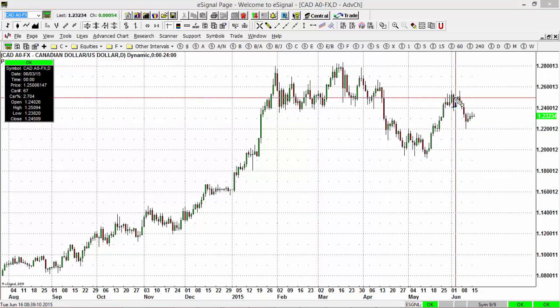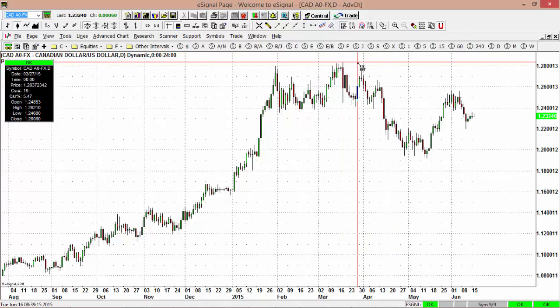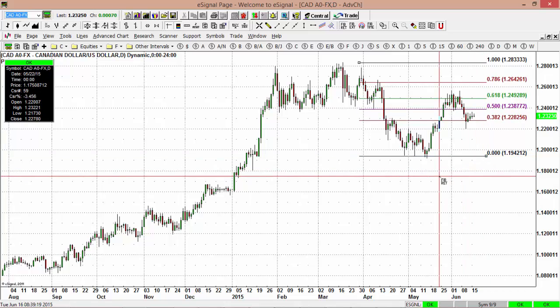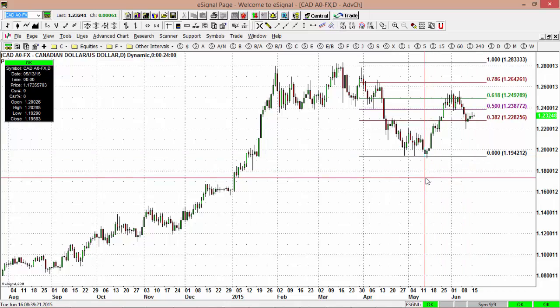There are two ways to look at this market. This could be a retracement from the breakdown, and we're going to probably push further down below this support area near the 120.